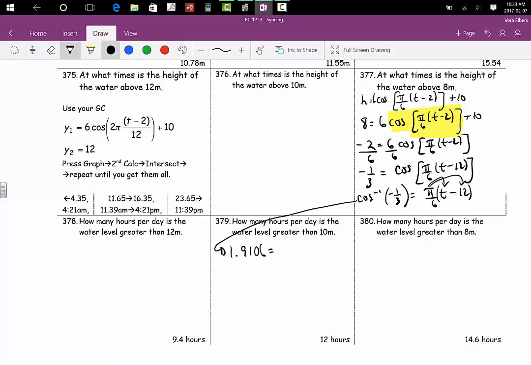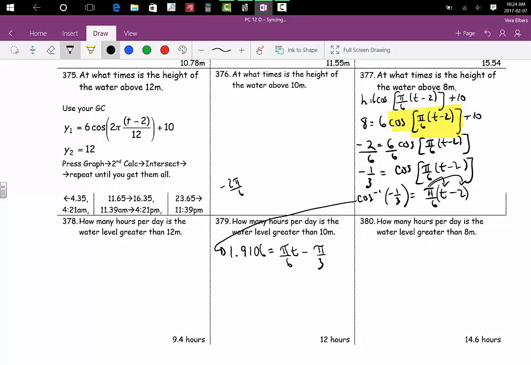So that's going to give me pi over 6t, and then pi over 6 times negative 2, I'm doing something wrong, that should be a 2. So pi over 6 times negative 2 gives me negative 2 pi over 6, and that gives me negative pi over 3.